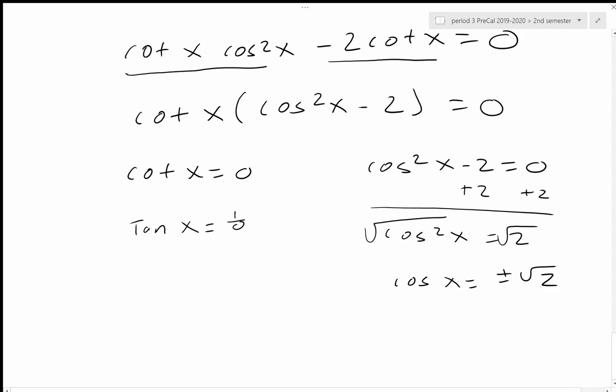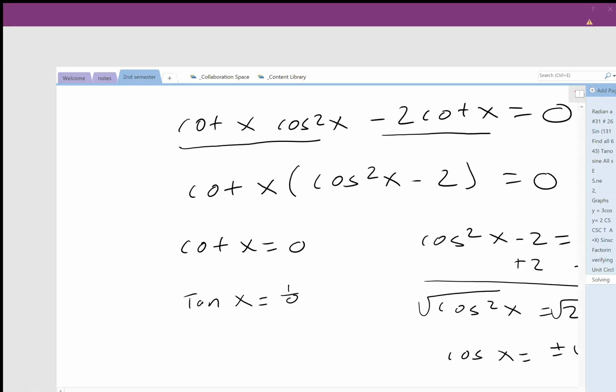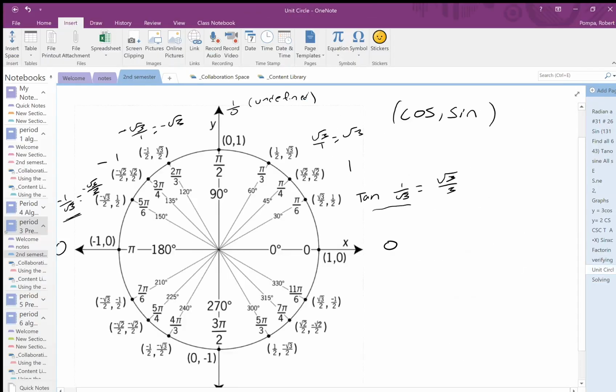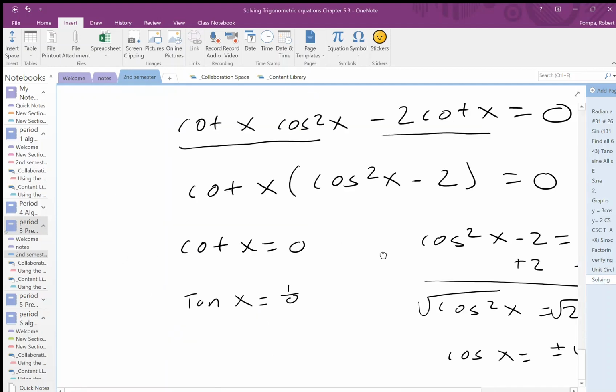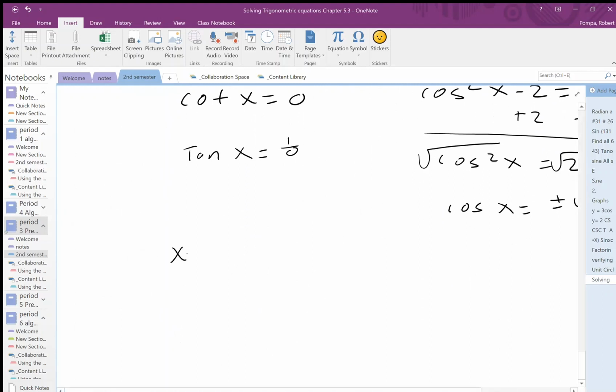So, let's go to my unit circle. Where is tangent of 1 over 0, which is right here at pi over 2. So this first answer would be pi over 2 plus, now I told you tangent has a period of pi, so we just put n pi.